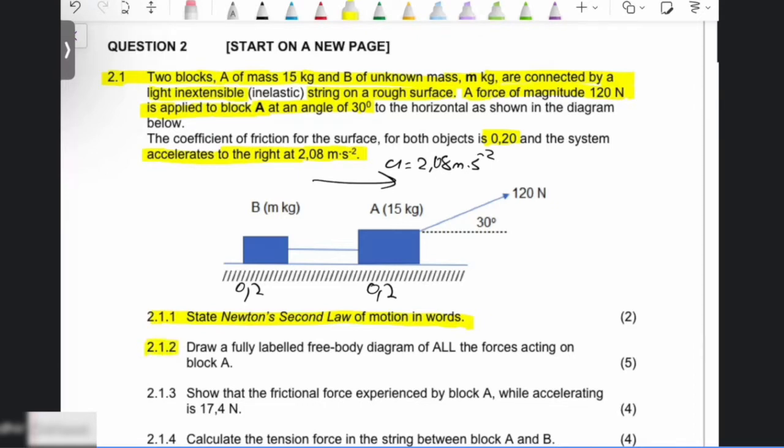Okay. 2.1.2, draw a labeled free body diagram to show all the forces acting on A. Good. But guys, we know this. As soon as we're dealing with two objects, we never draw one free body diagram. If we're dealing with two objects, we draw two separate free body diagrams. Please get that out of the way, and that's going to sort out 2.1.3, guys.